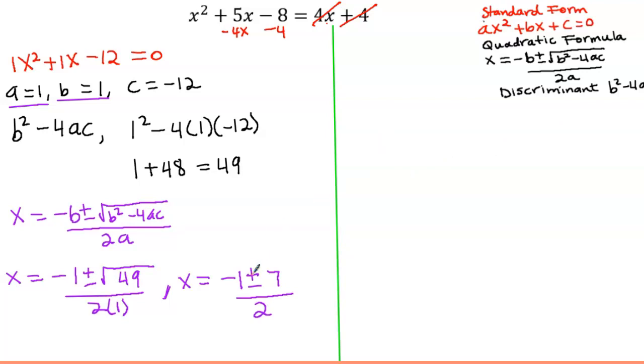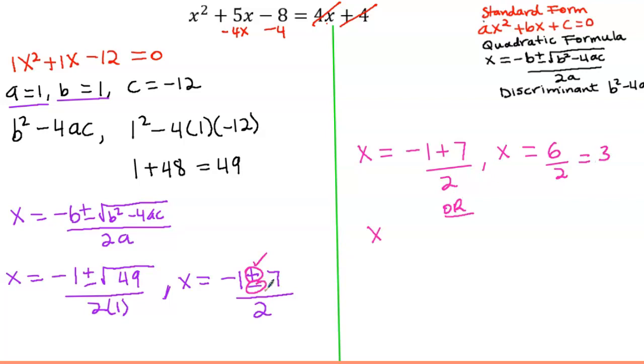So we are going to split the plus and the minus to get our two zeros, or our two solutions, or our two roots. So x is equal to, we are considering the plus here, so negative 1 plus 7, divided by 2, we get 7 here. So you reduce this one by 1, you get 6 divided by 2, and you got 3. Okay, and or we're going to consider the negative.